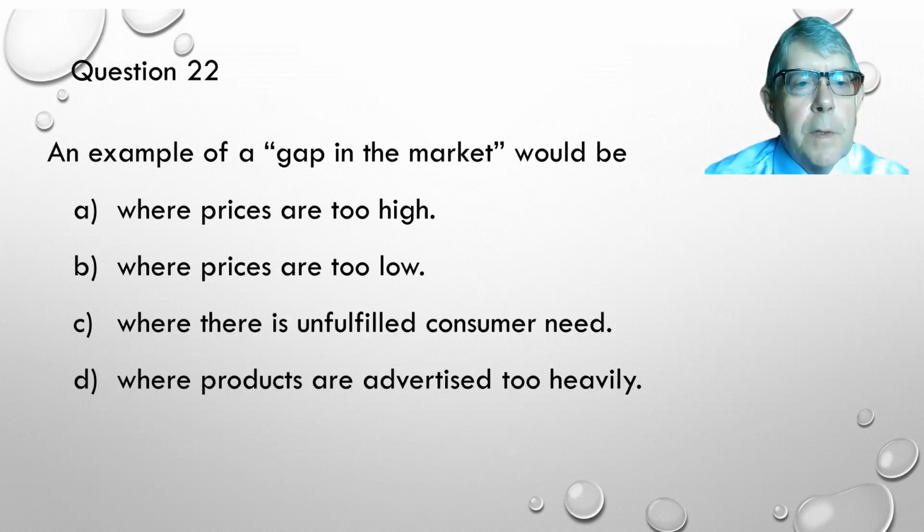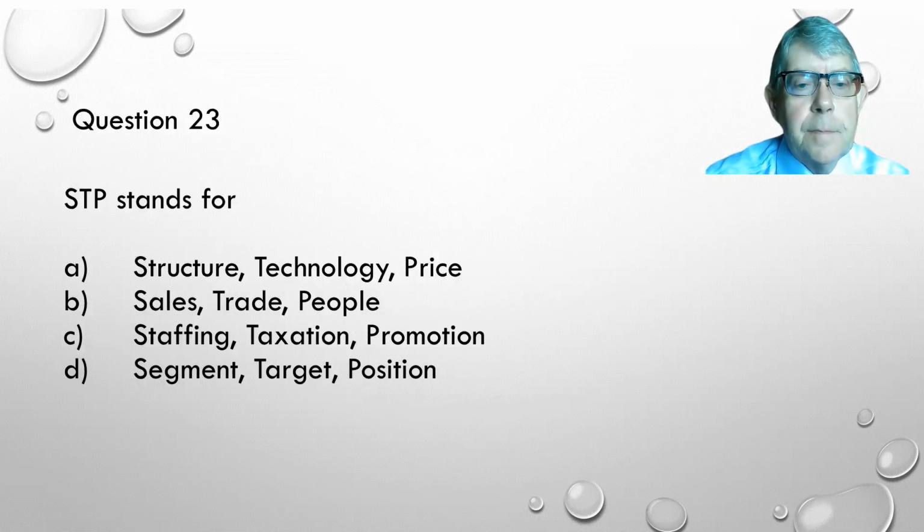Question 22. An example of a gap in the market would be A, where prices are too high, B, where prices are too low, C, where there is unfulfilled consumer need, or D, where products are advertised too heavily.